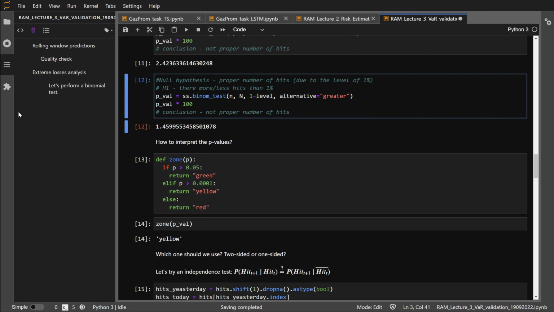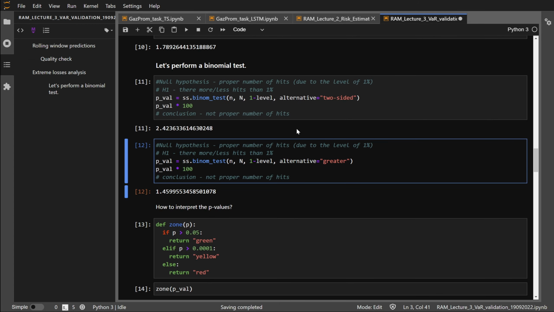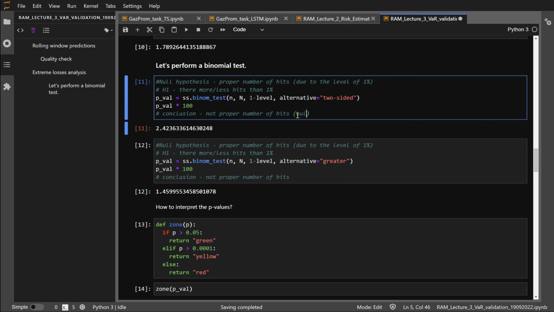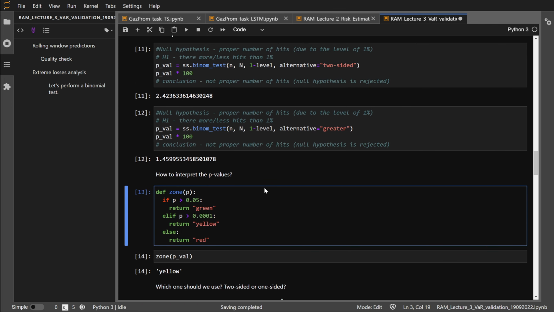Okay, and so applying this binomial test, we come up with some p-value, and I'm sure that you are familiar with hypothesis testing, and you know how to conclude on the quality of the result based on the p-value, right? So here I can provide you with a little hint on how to deal with this.